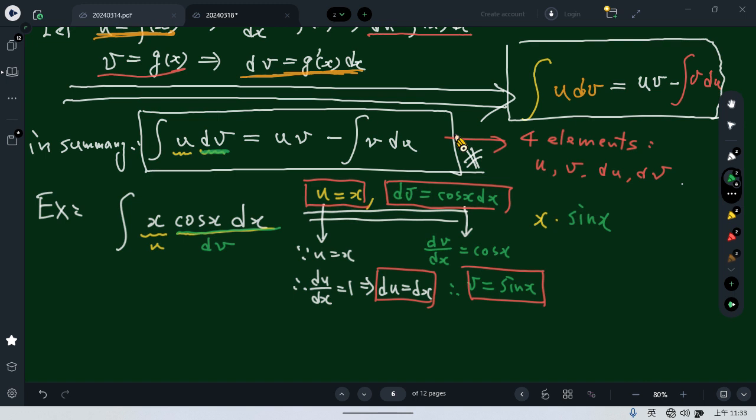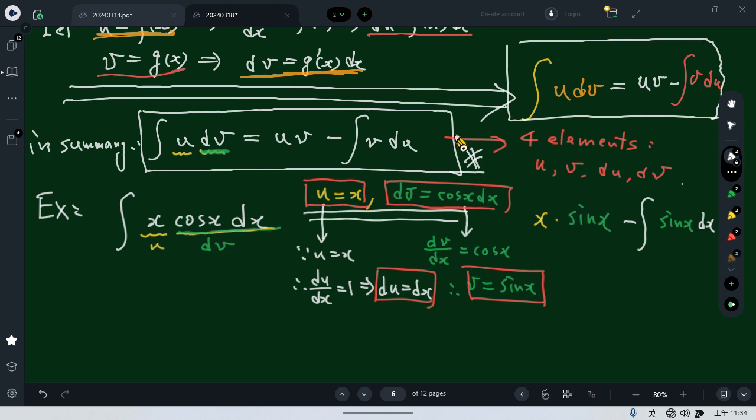right? Then minus integral, then v sine x times du is dx, right?